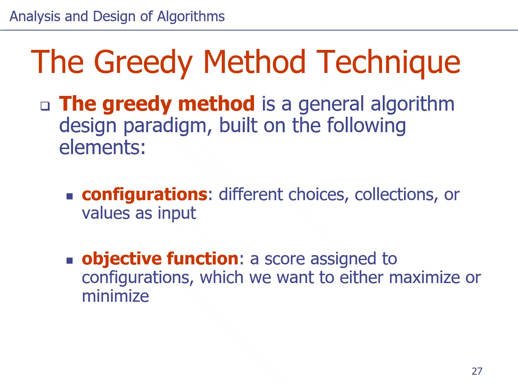Configurations refer to the choices, the data, the collection of items, if you like, the collection of inputs that is available to you to choose from at any specific instance. The objective function is what you use to make a pick of a specific item from the data items in front of you.